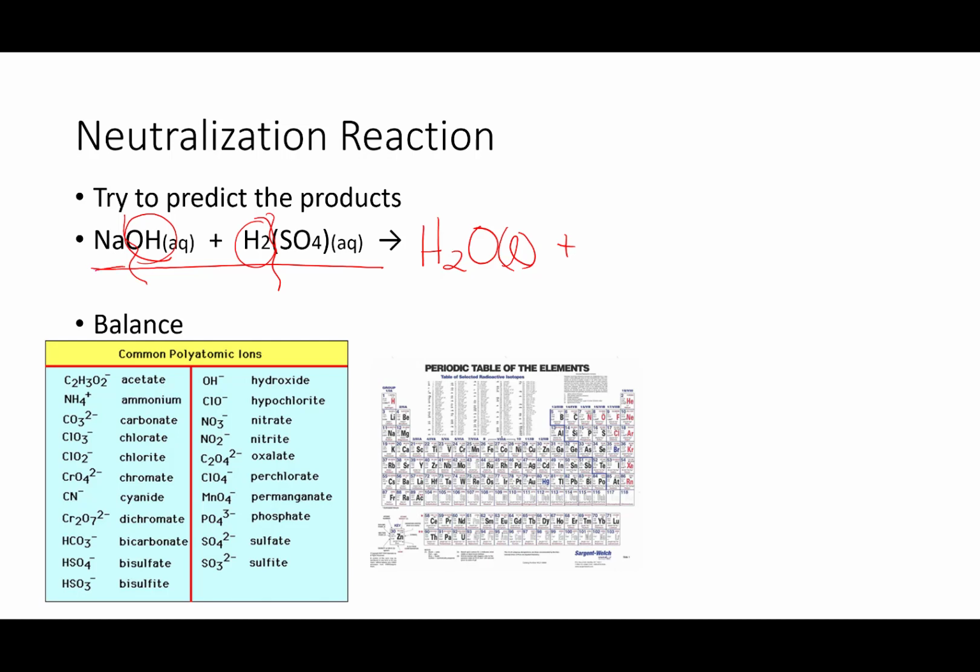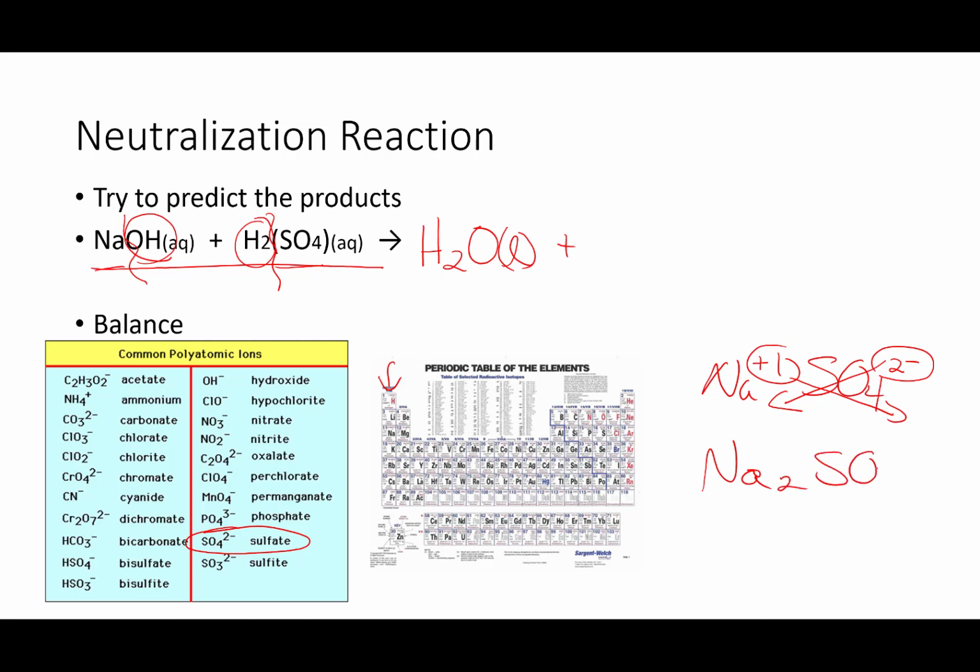Now, sodium is a group 1 element, and group 1's most common ion is +1. SO4, let's take a look at our chart. SO4 is sulfate. Sulfate has a charge of -2. When we ionically bond, we crisscross, so we are going to end up with Na2SO4.